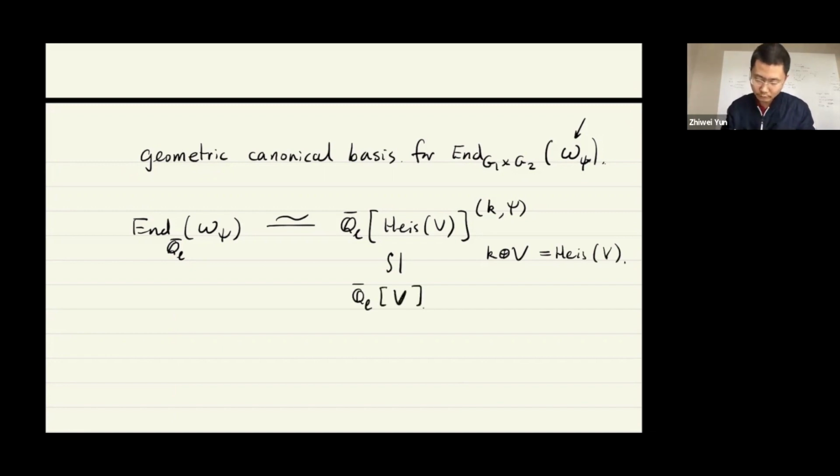Again, these are functions on a finite set. V is just a vector space over a finite field. So the endomorphism ring, all linear endomorphisms of this oscillator representation, has a canonical description as all functions on V. This identification is called a Weil transform.